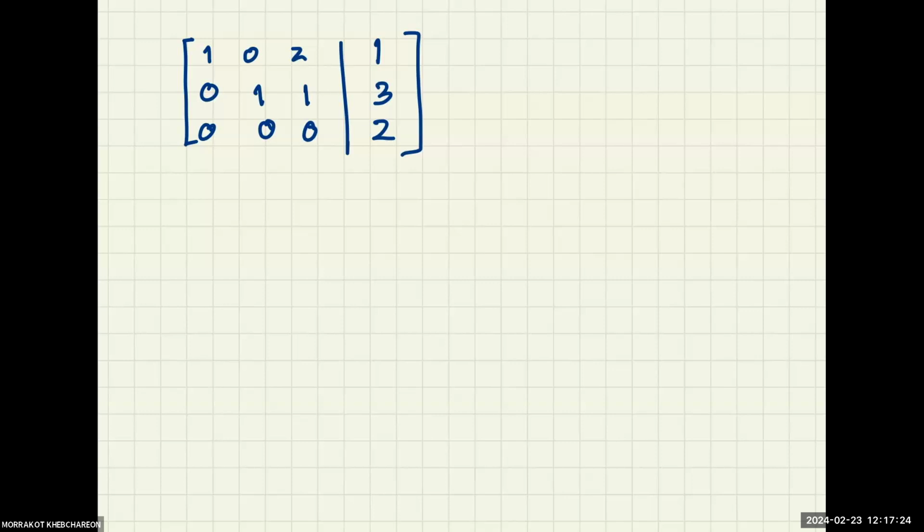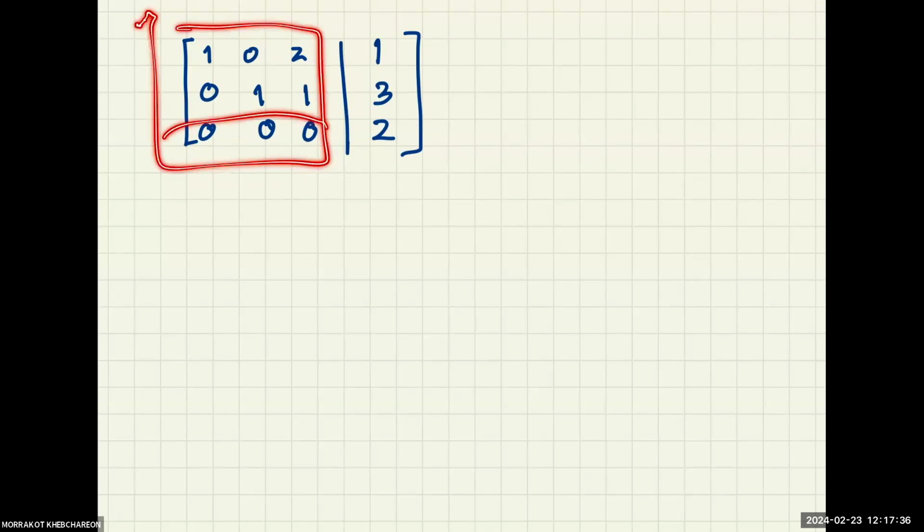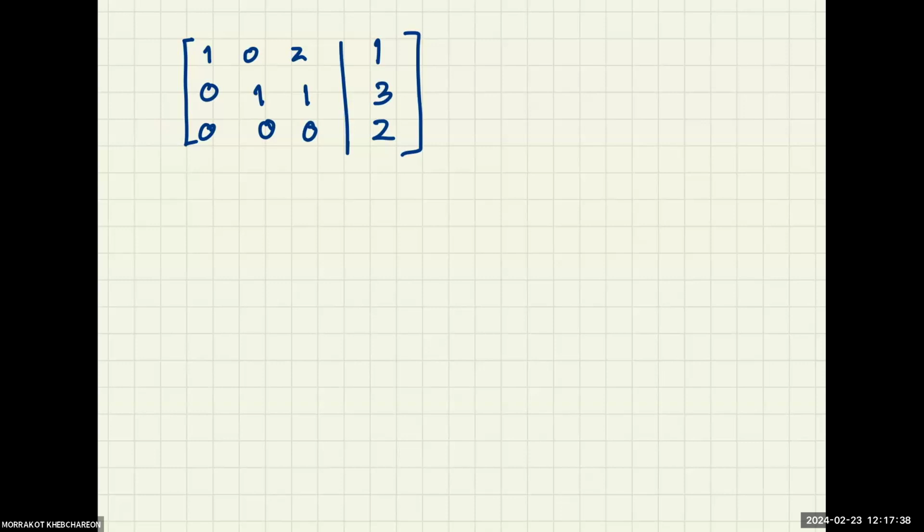Now I want you to look at the coefficient matrix, only this part, okay? It is in reduced row echelon form already because there are zeros below the leading ones, and each leading one shifts to the right.